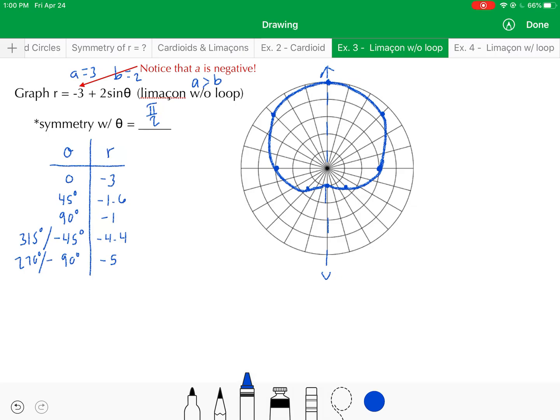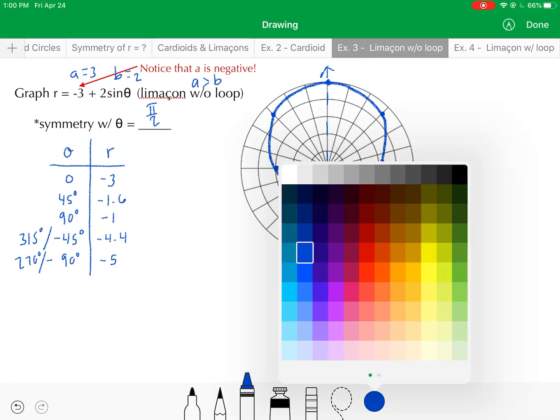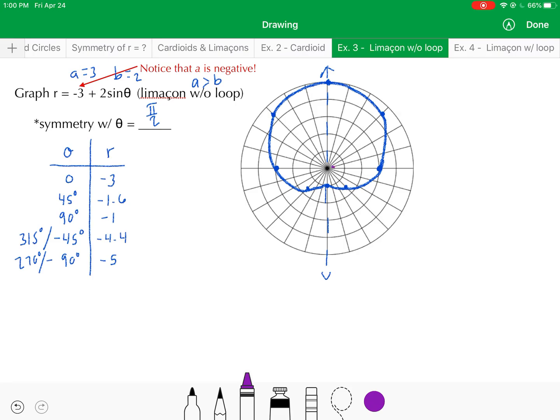All right, now once again, I want you to notice the distance from the pole to this high point here. This is 5 units, which is the sum of your A and your B value. And then the distance from the pole out to here is 3 units, which is the same as your A value.